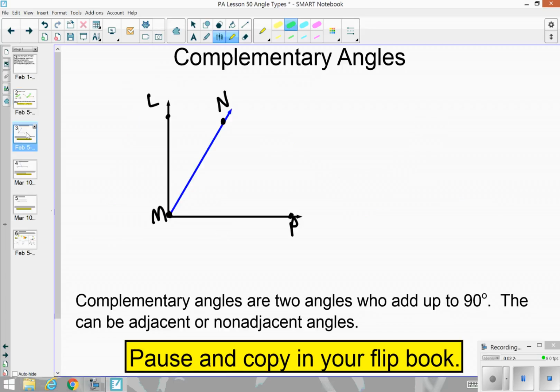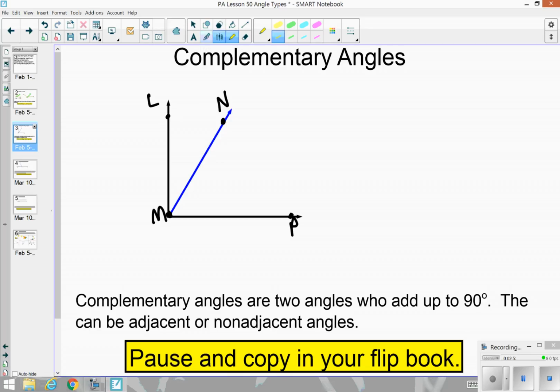Great. Let's talk about complementary angles now. We can see the word complementary, what angles complement each other. Now, there's a few different things happening with this set of angles. We see we have angle LMN, and it is next to angle NMP. Okay, and let's say that we wanted to identify some of the measurements.